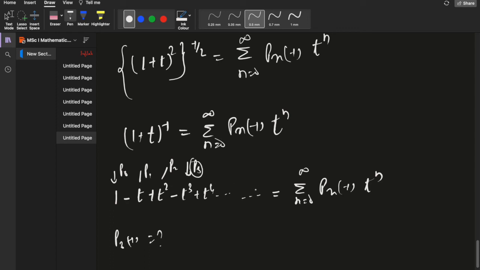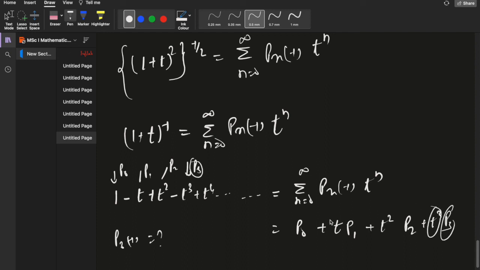So the coefficient will be minus 1, t cube here, t cube here. If I expand this one, this will give me first term P0, then t P1, plus then t square P2, then t cube P3.